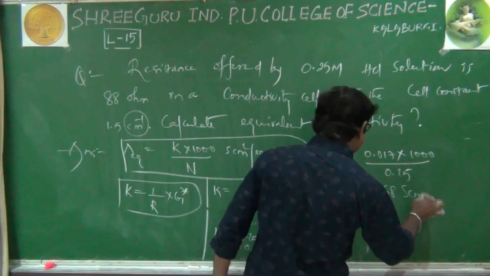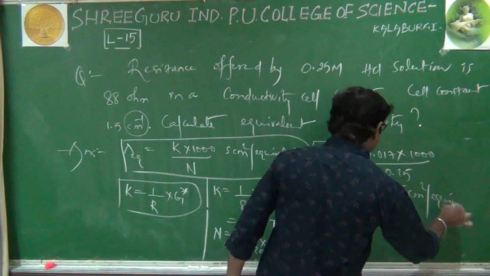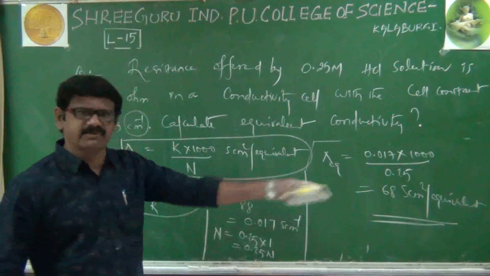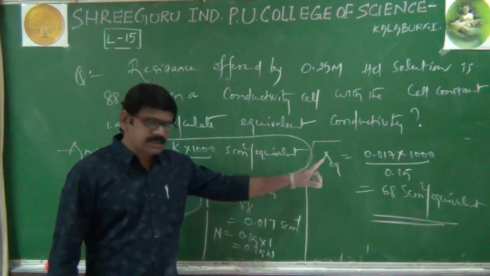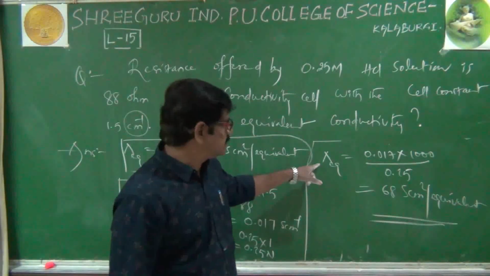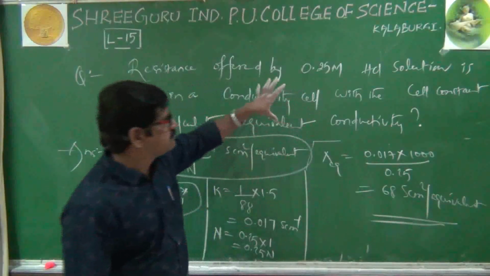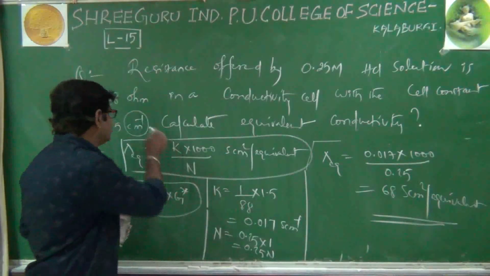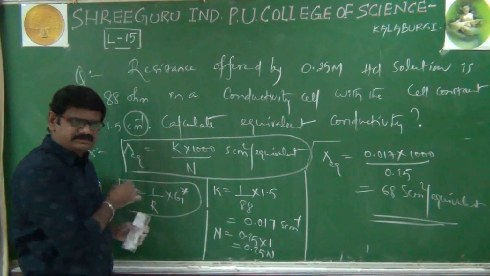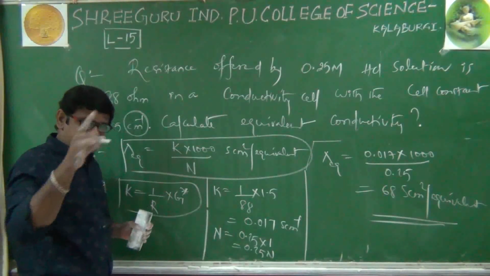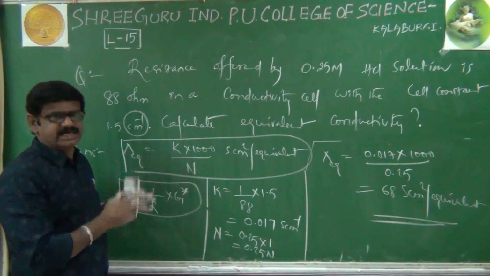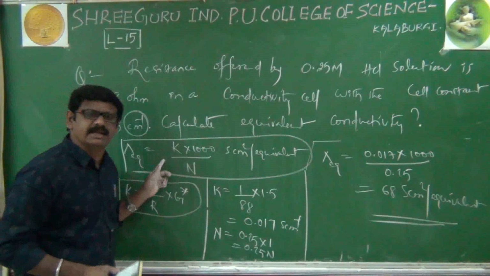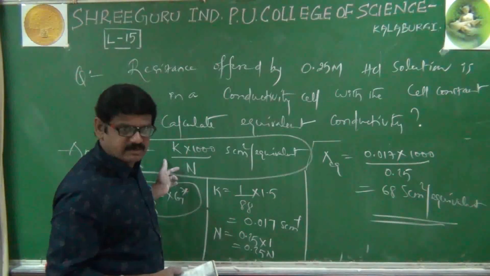Units are Siemens centimeter square per equivalent, that is our answer. Or per gram equivalent also we can write, doesn't matter. This is the equivalent conductance or equivalent conductivity for the given data. That's why first you have to see in the question whether CGS system units are given or SI system units are given. First we have to identify that, and based on that data only we will select the appropriate formula.